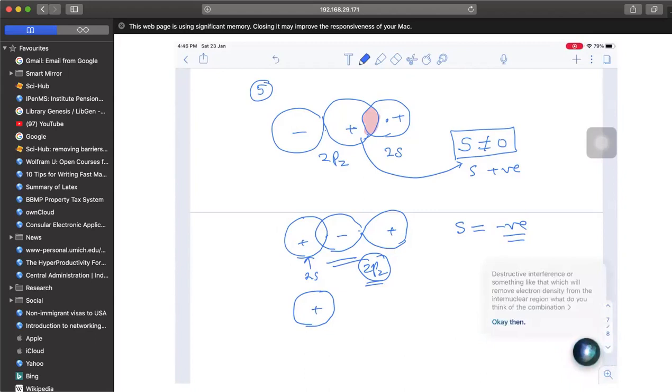So if it is occurring with the opposite sign, then the p or pz orbital will get multiplied by a negative number, which means that on this side you will have the positive lobe and on that side you will have the negative lobe.